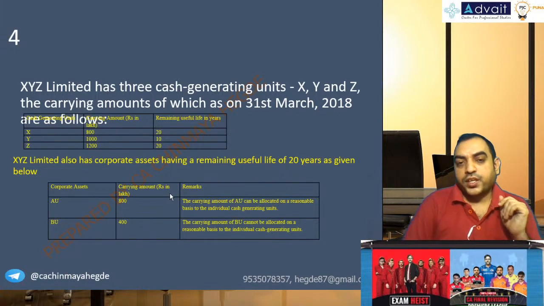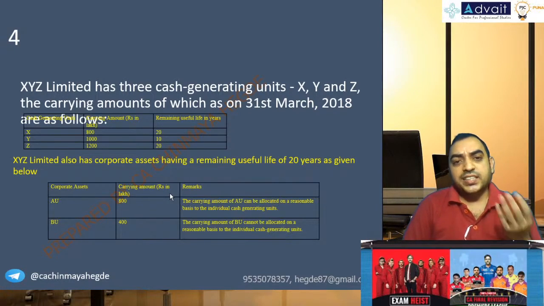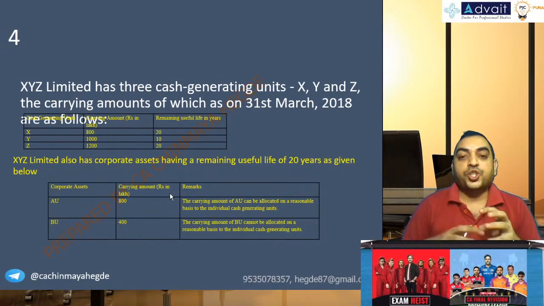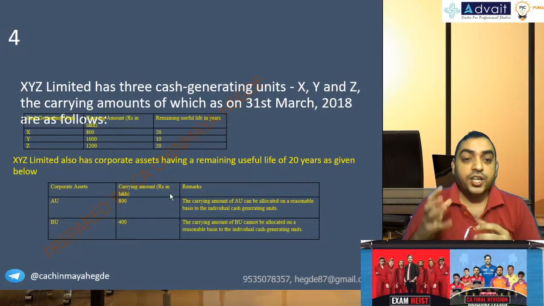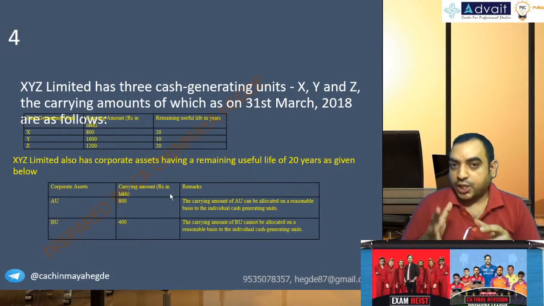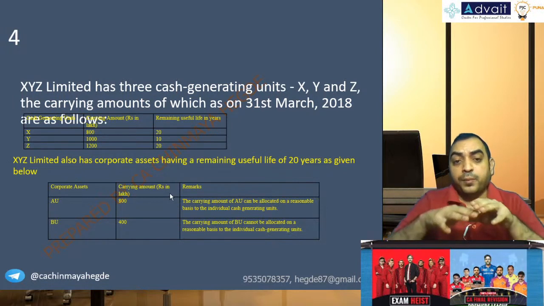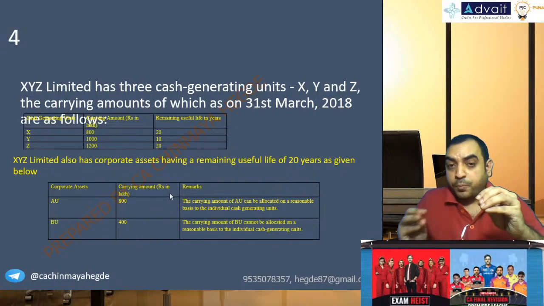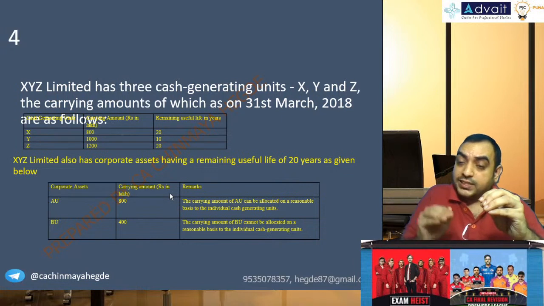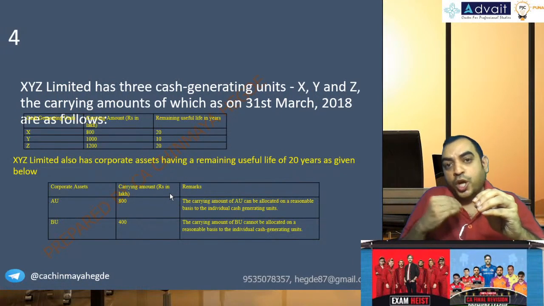Top-down test, once more. The top-down test is applicable for assets which could not be allocated. When you cannot allocate to the individual assets, for corporate assets like ERP, you test for impairment at a larger CGU level. Individual components would have been tested for impairment to the extent allocation could have been done.